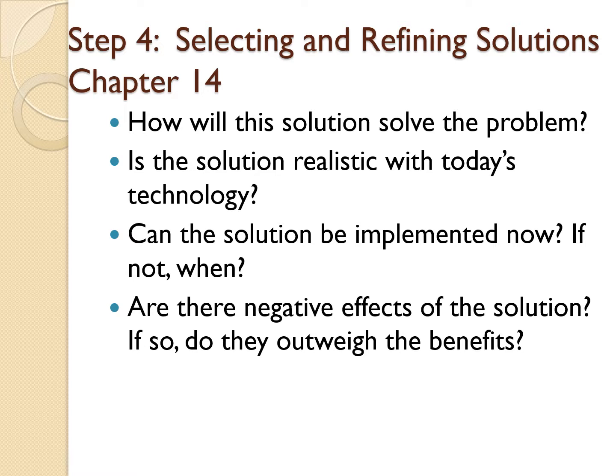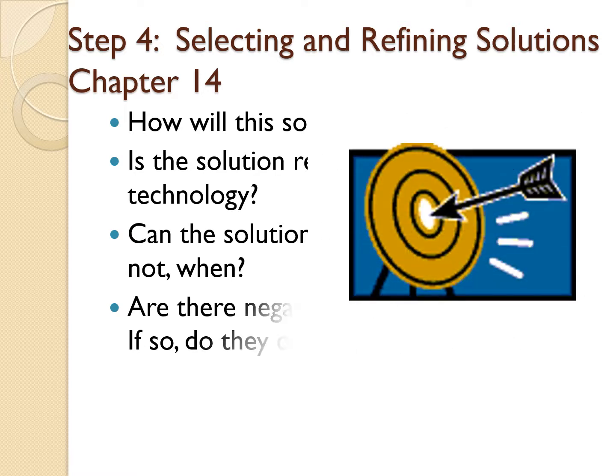There's people on both sides of the issue. So that's why there's a big push for electric cars, which have almost no carbon output. So, are there negative effects of the solution? And if there are some, do they outweigh the benefits?